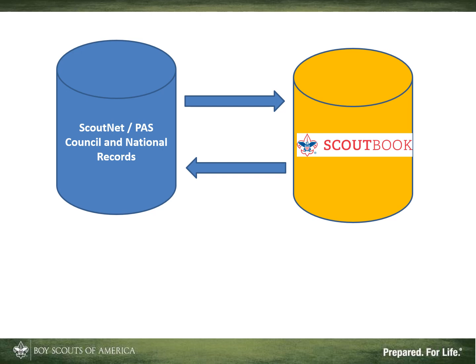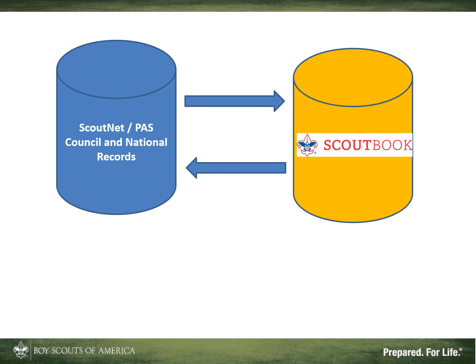As ScoutNet PAS is updated with membership information, that information automatically goes into Scoutbook. If somebody at the council level enters an advancement or award, that advancement or award goes into the Scoutbook database within 24 to 48 hours. On the other hand, Scoutbook also talks to the ScoutNet PAS database.